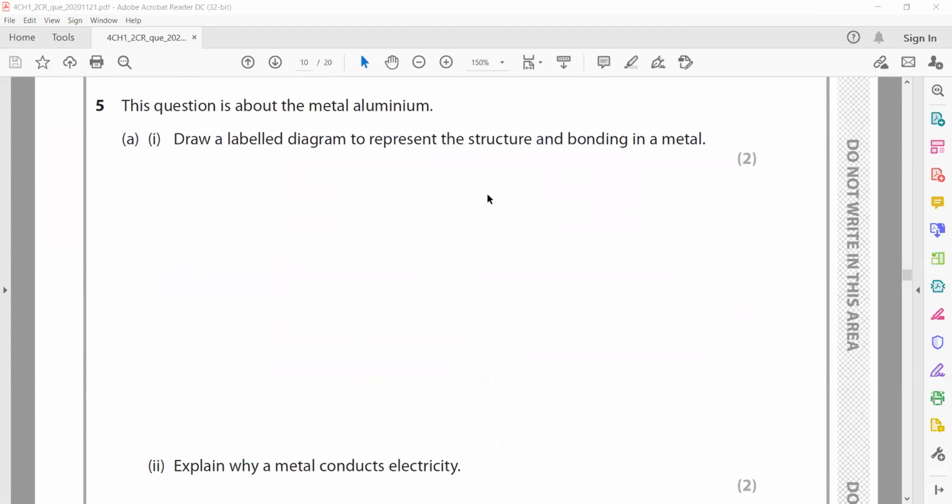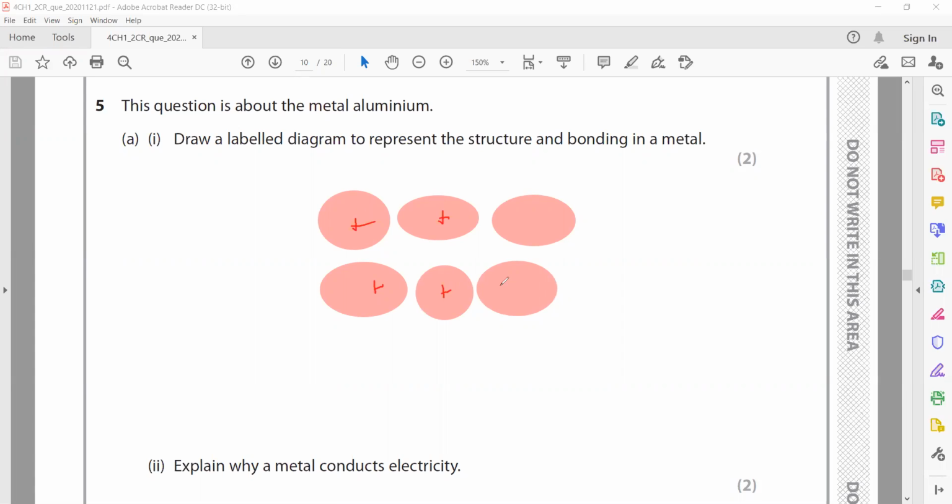This question is about the metal aluminium. Draw a labelled diagram to represent the structure and bonding. So you have to draw the lattice of positive ions, and it should be a compact structure, with the delocalized electrons, not too much gap between the positive ions.